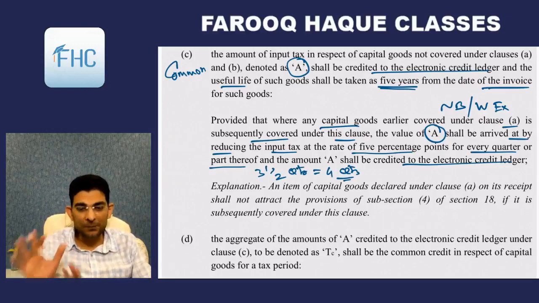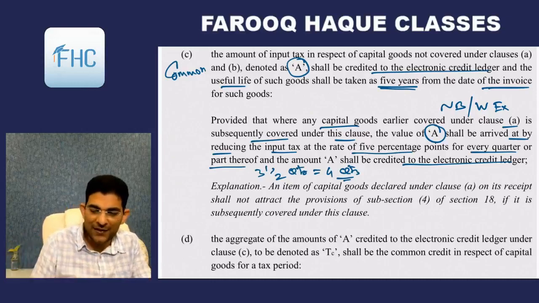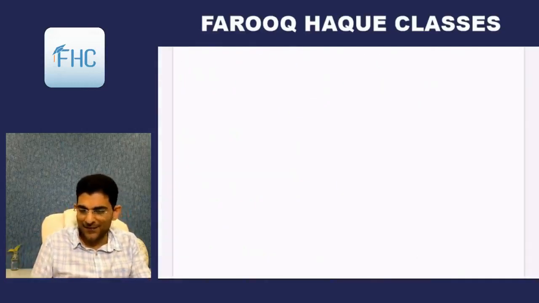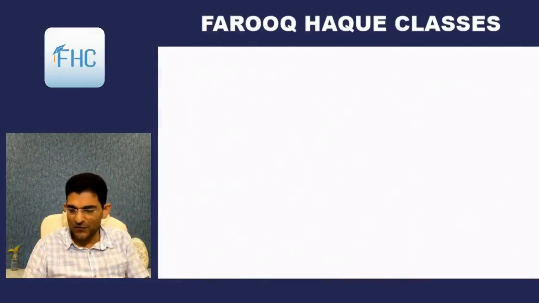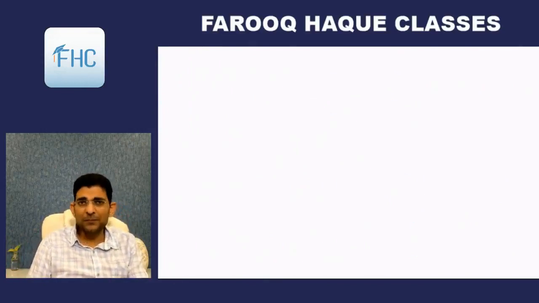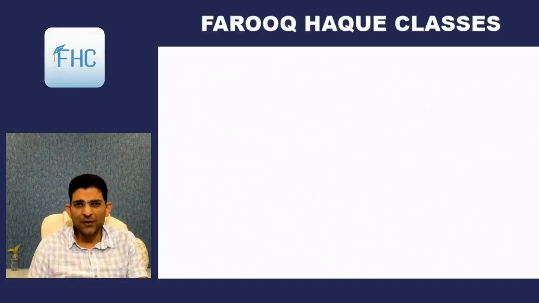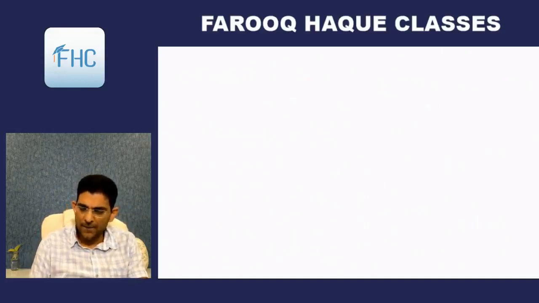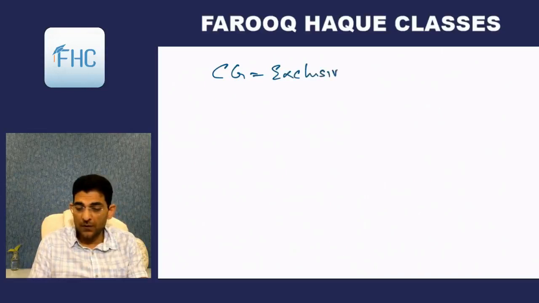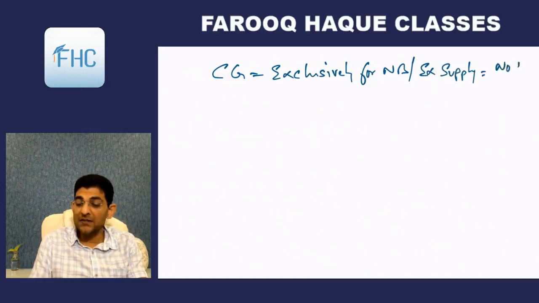Now let me first explain what is happening here, otherwise you will not understand anything. First let me tell you what we are going to do in this rule. I'll explain in brief. If I have got a capital goods exclusively for non-business or exempt supply, then no ITC is allowed, right?